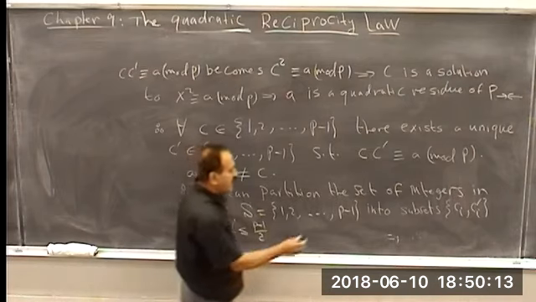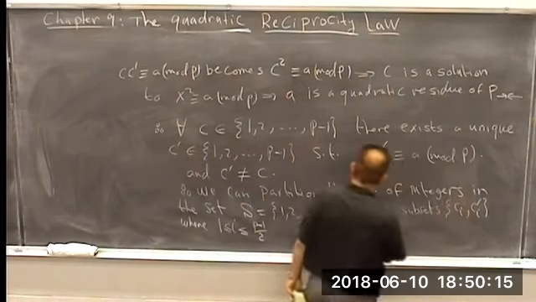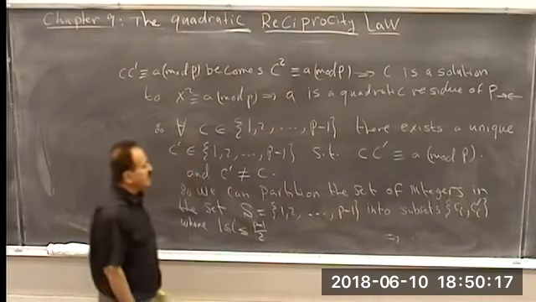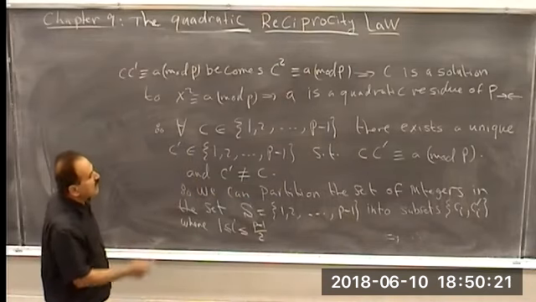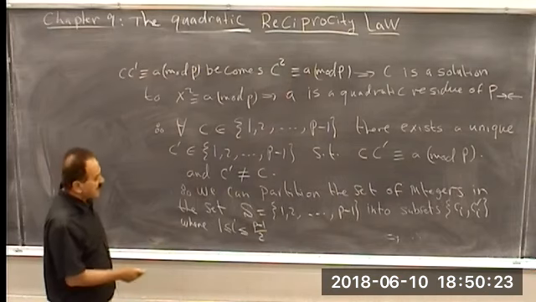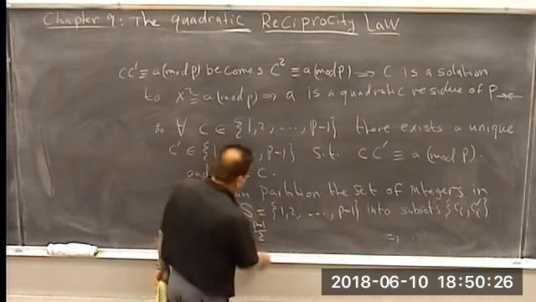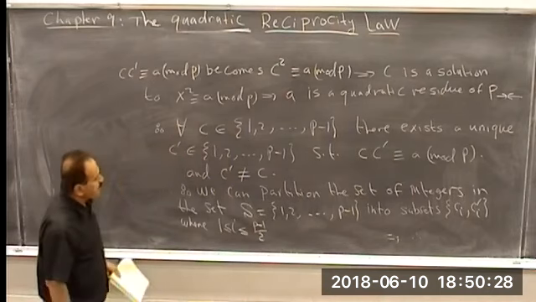So we've taken pairs of these that are not equal. This set has P minus 1 elements, so we take subsets consisting of two distinct elements, so there are going to be P minus 1 over 2 of them, all right?